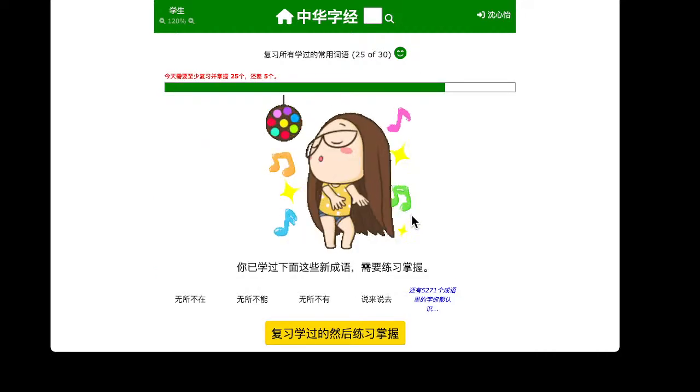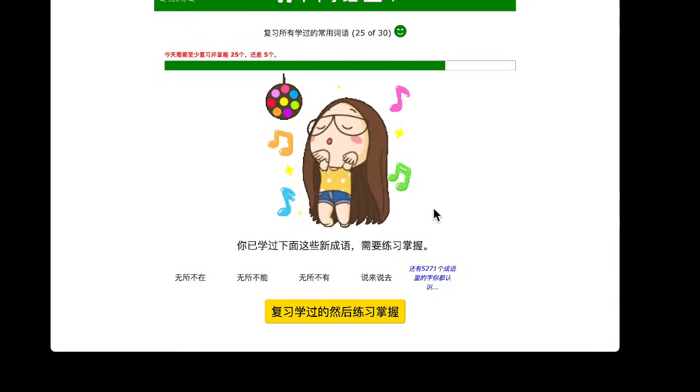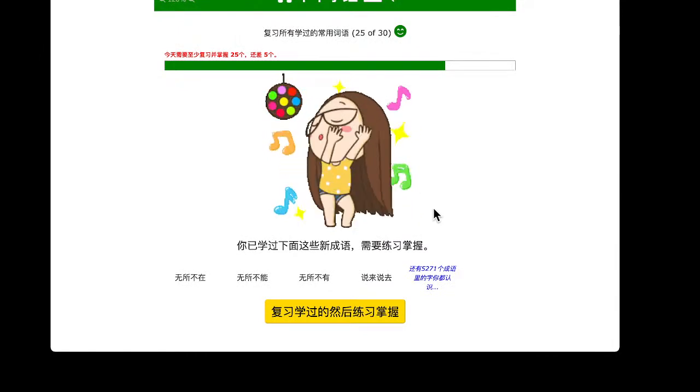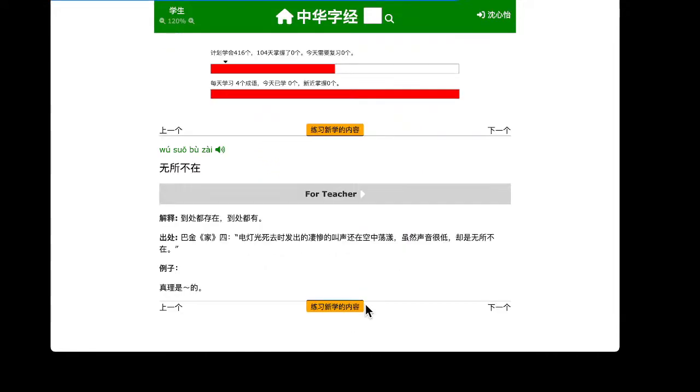Man, she's even dancing in slow motion. 复习学过的，然后练习把握。What is this? Our 成语, idioms. 无所不在: something that is everywhere and there is nowhere where it is not.